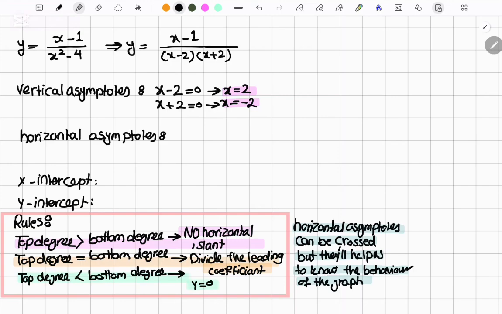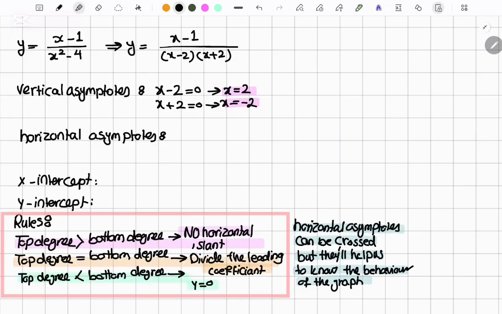The first rule: if the top degree is greater than the bottom degree, we will not have any horizontal asymptotes, and we are going to have a slant. I will also have a video on an example with a slant.